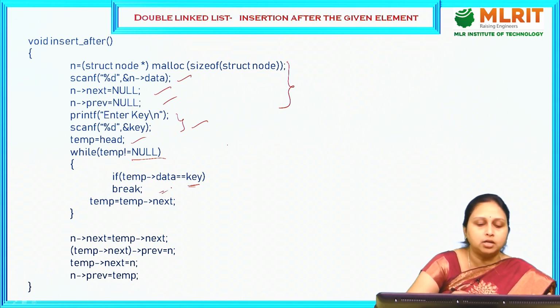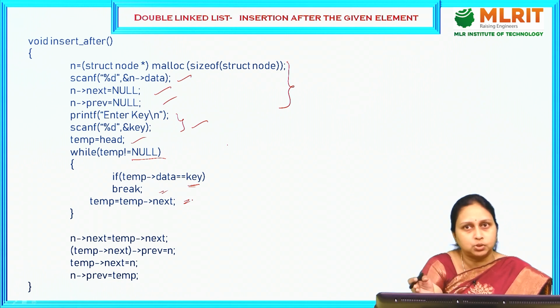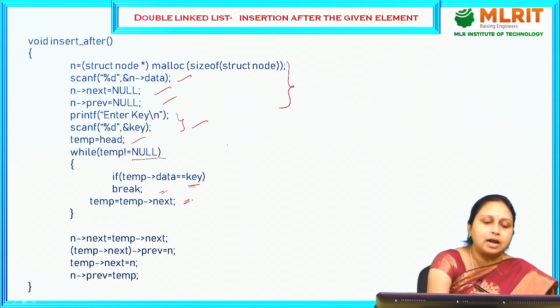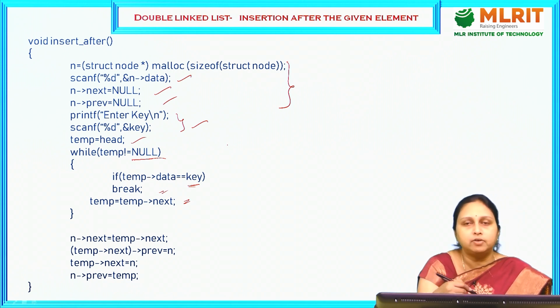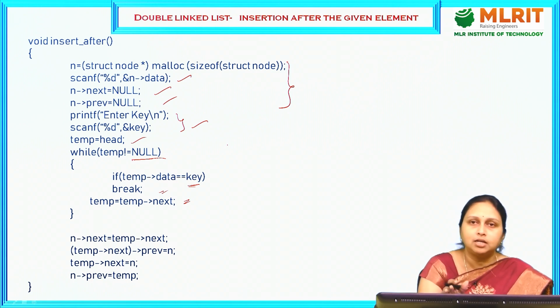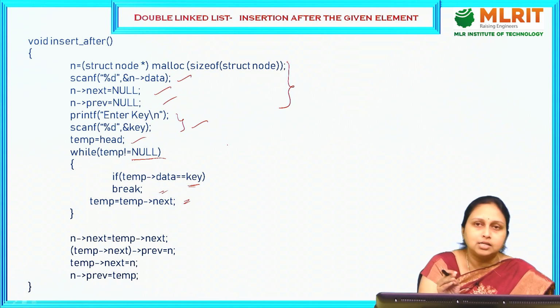If not, you move temp to the next location. Temp will be moving to the next locations for searching the key value, right? If the key value is not present, temp keeps on traversing through the list until it reaches the null value. If it reaches null, then your linked list traversing will automatically stop, okay?